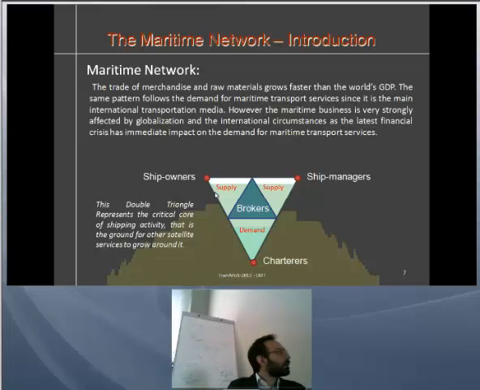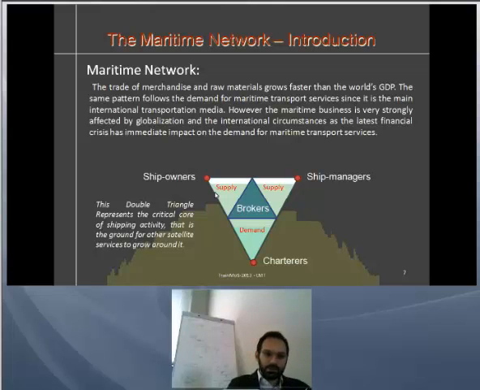So as you can see in the upper part of the inverted triangle are on one side the ship owners, the other side the ship managers. They both represent the supply side of the market, while at the latter end of the triangle are the charterers, where they represent the demand side of the market.